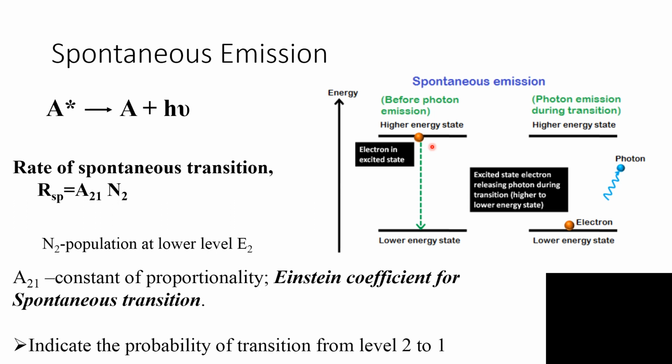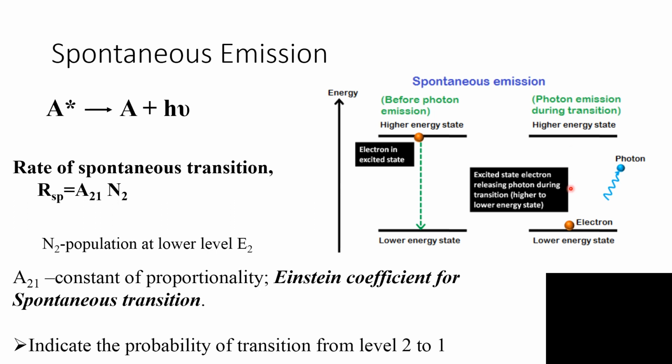Here we are talking about spontaneous. So what happens in spontaneous emission? The electron in the upper energy state, after spending some time, automatically comes down to the lower energy state. This is the figure before photon emission, and this is the figure after photon emission.